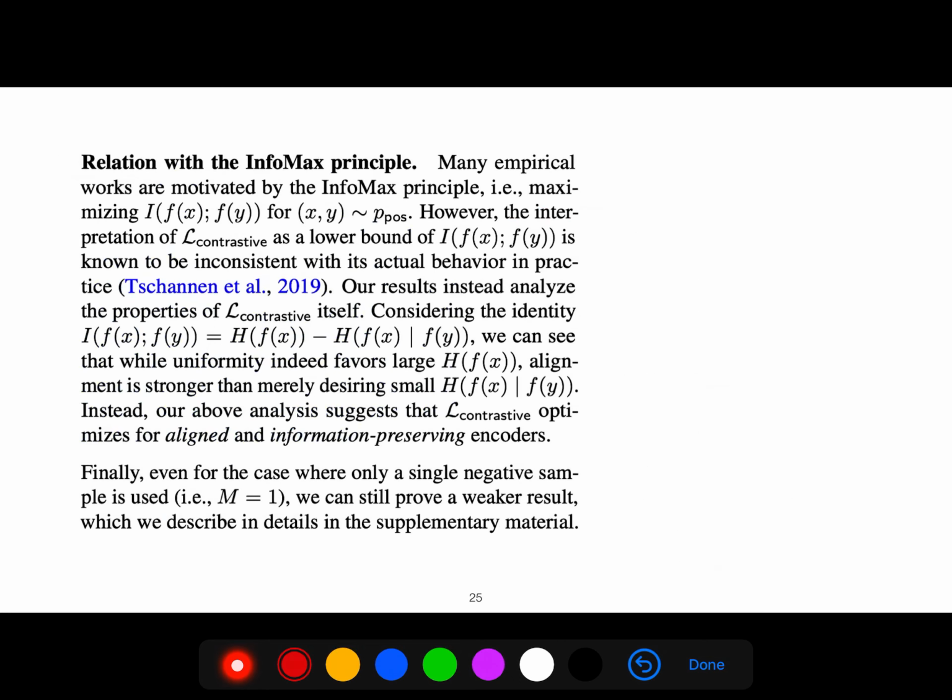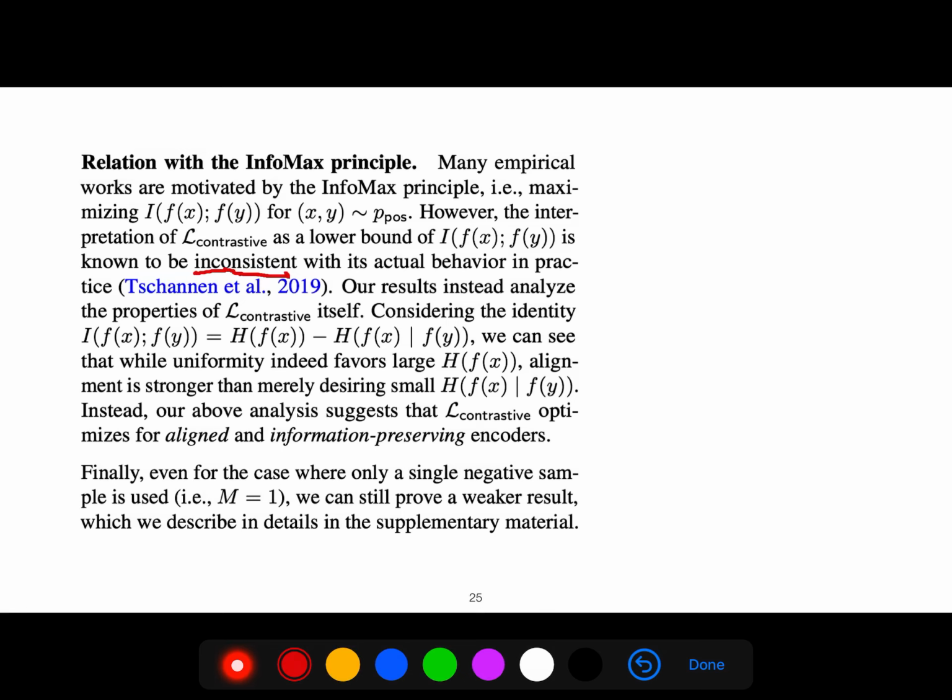It also has a relation with Infomax, because many empirical works are motivated by Infomax, maximizing the mutual information between f(x) and f(y) when x and y are positive augmentations. However, the interpretation of contrastive loss as a lower bound of mutual information is known to be inconsistent with its actual behavior in practice.